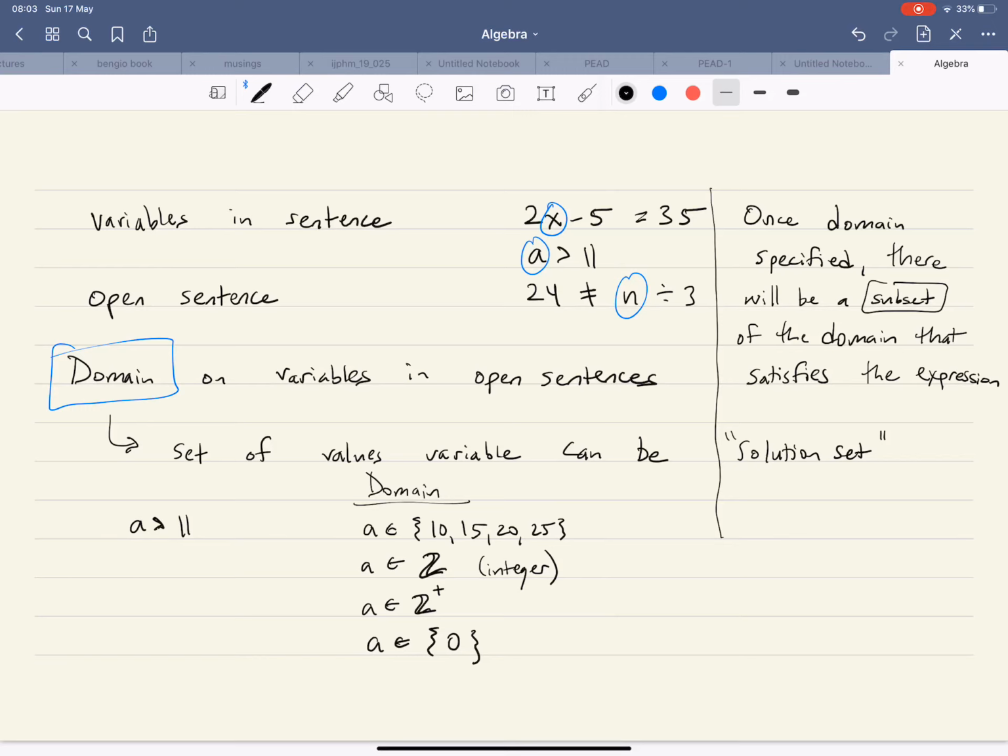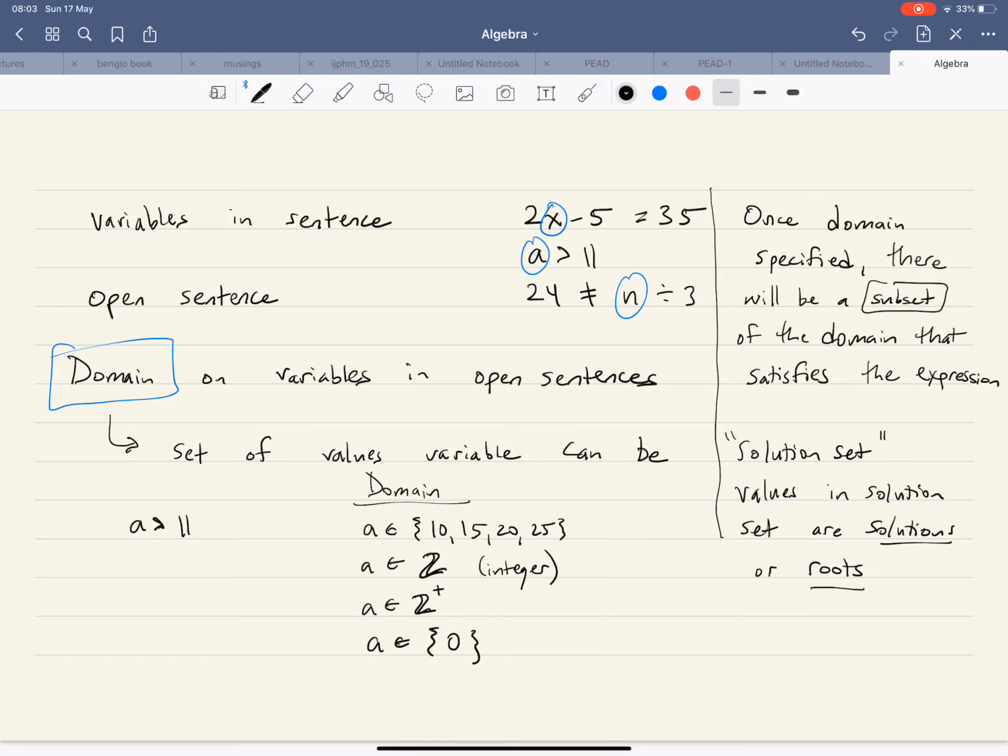Okay, so values for the variable that are in the solution set are referred to as solutions or roots of the expression. Okay, so values in the solution set are solutions or roots.